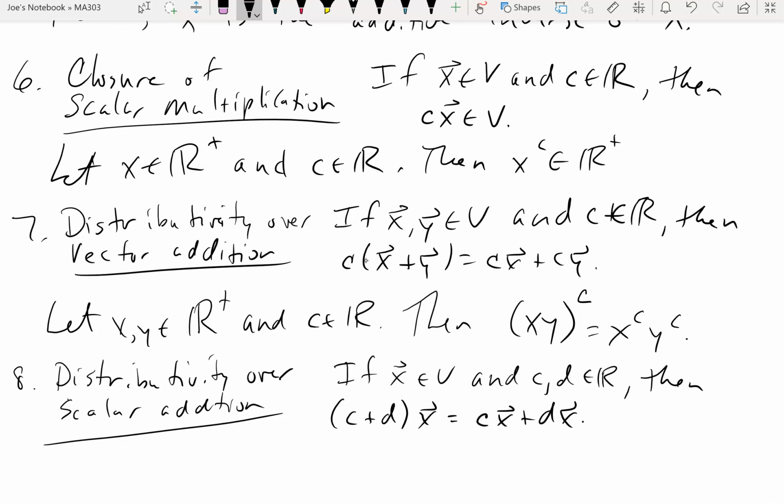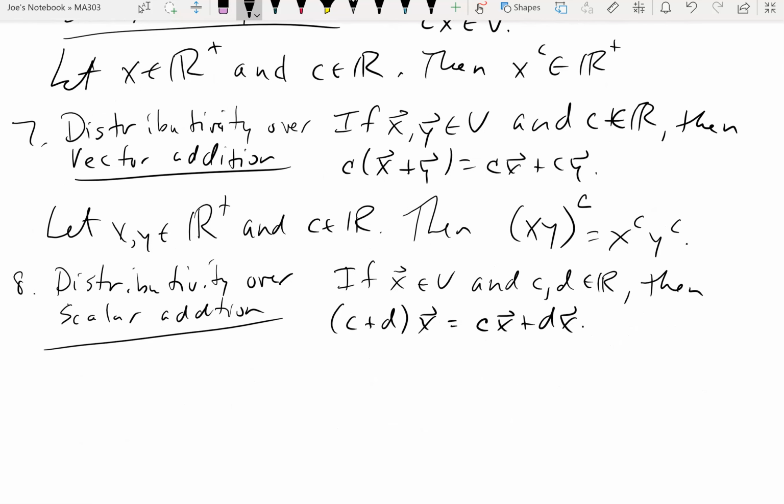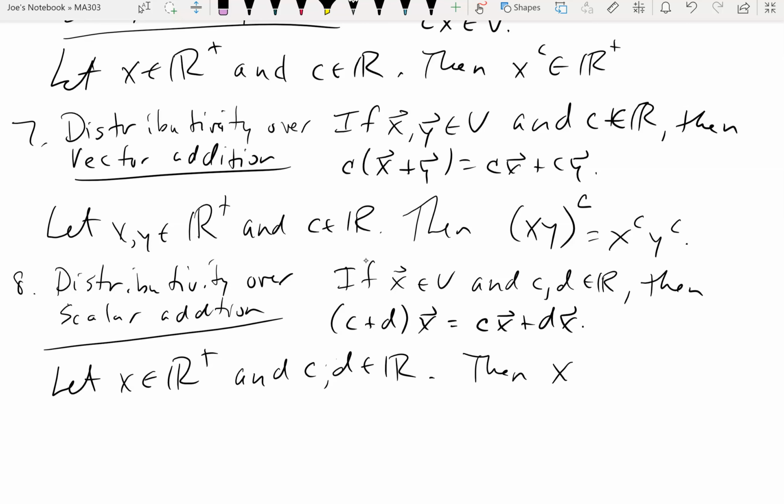All right, so when we do this in the context of this problem, what does C plus D times X look like? Good. That's exactly right.